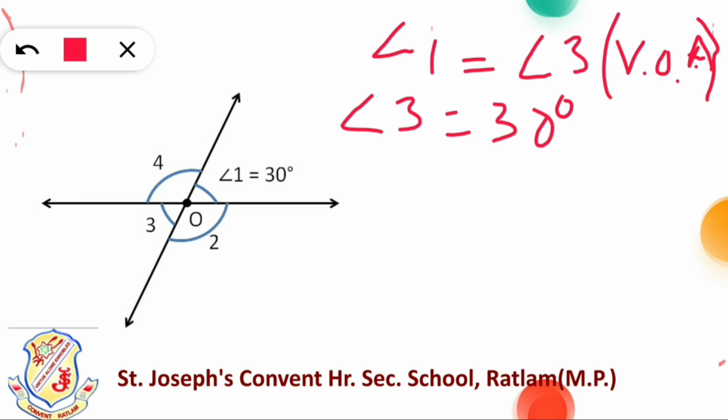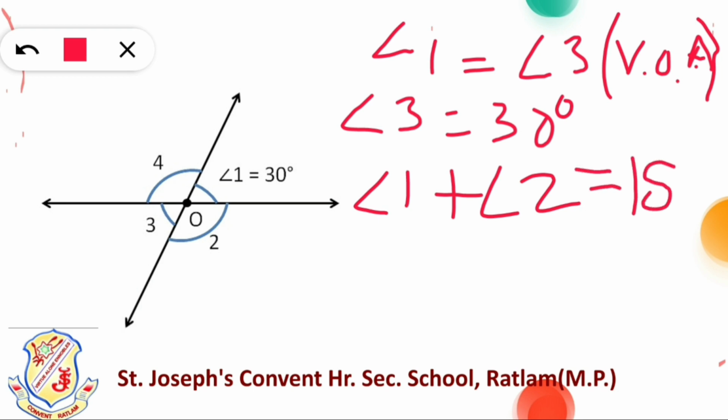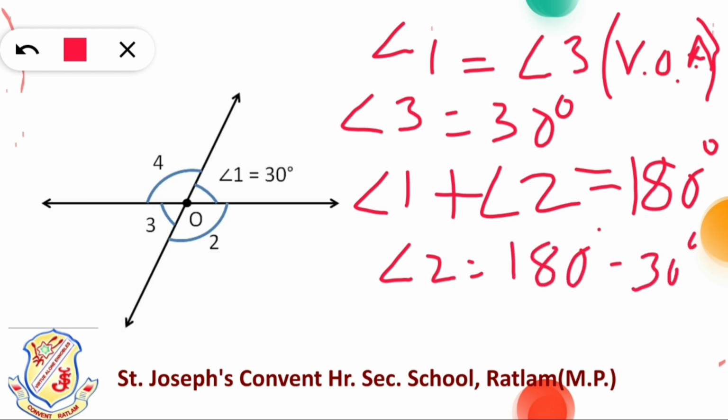Now angle 1 and angle 2 both form a linear pair, and we know the sum of linear pair angles is 180 degrees. So if angle 1 is 30 degrees, angle 2 will be 180 minus 30 degrees, so angle 2 will be equal to 150 degrees.